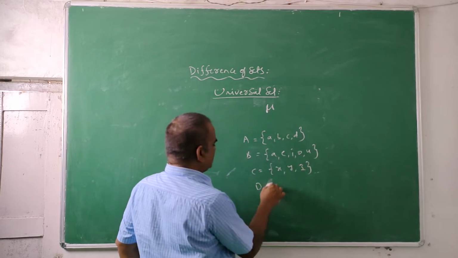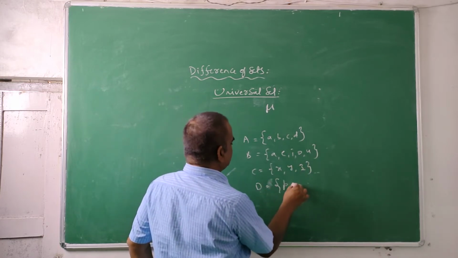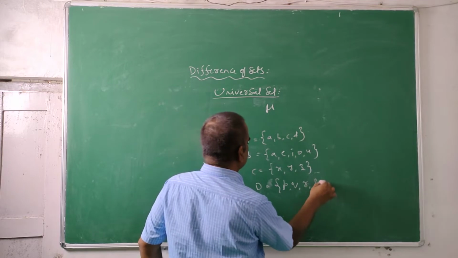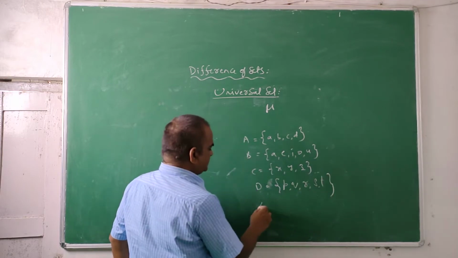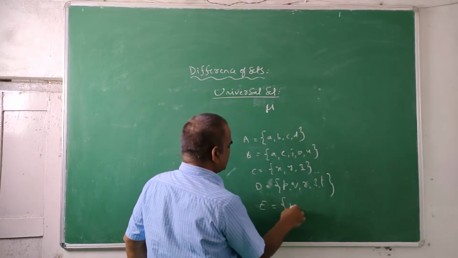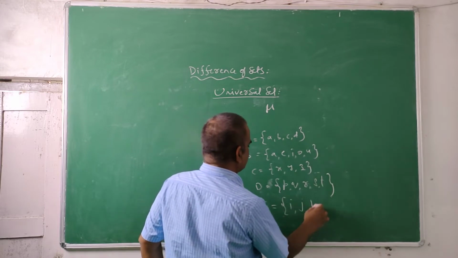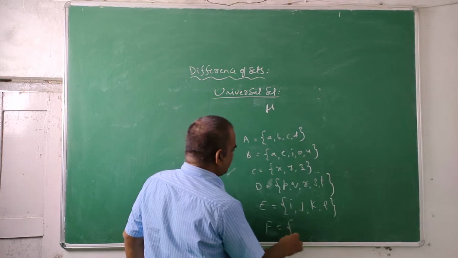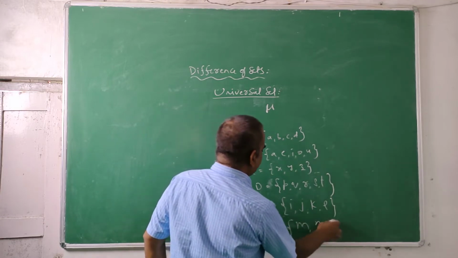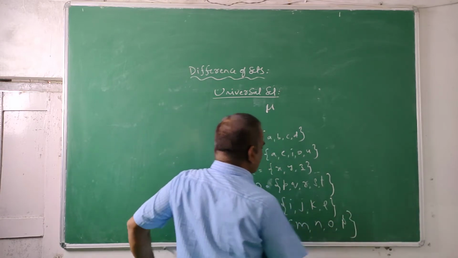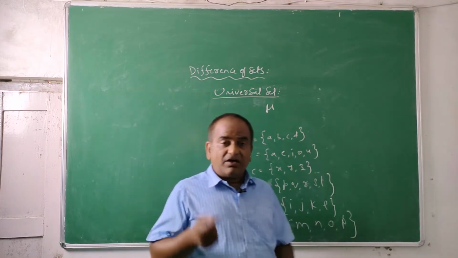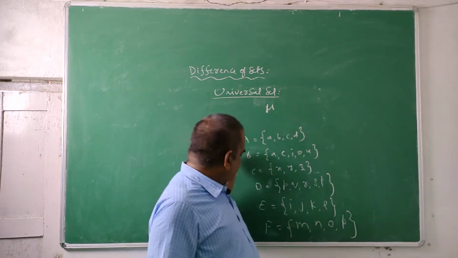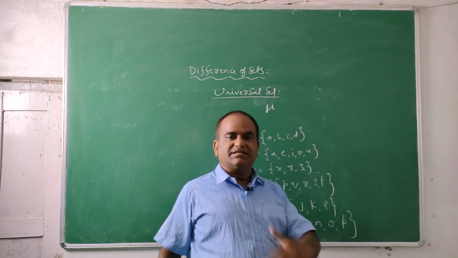Say D is equal to {P, Q, R, S, T}. Say E is equal to {I, J, K, L}. Say F is equal to {M, N, O, P}. So like this, for example only. So in a problem, these all sets are under discussion.